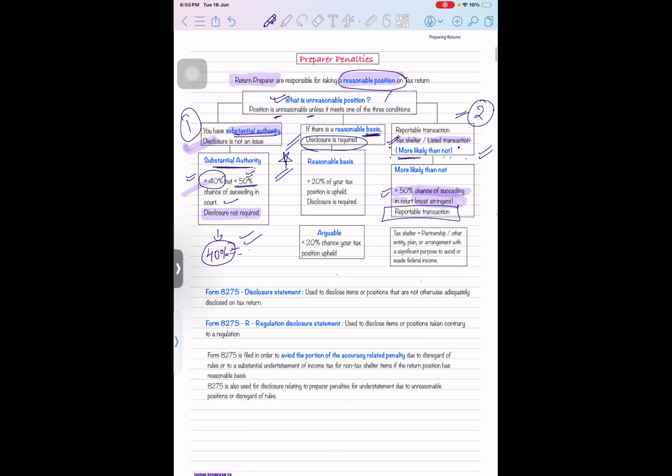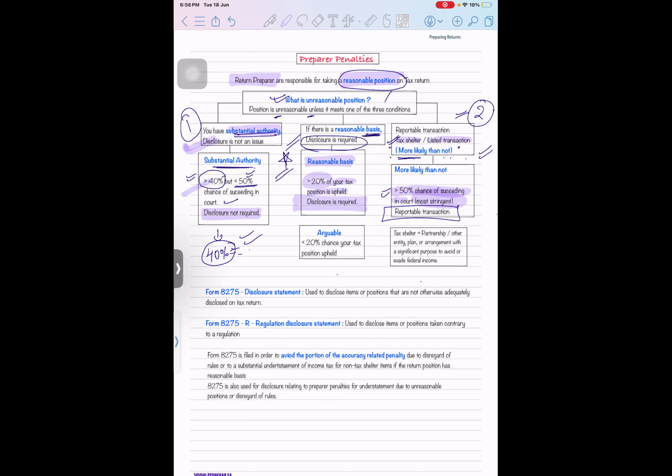So there is a reasonable basis, but you are not sure whether it needs to be included or excluded. So one is reasonable basis, where more than 20% of your tax position is upheld, so disclosure is required. More than 20, upheld means you might be incorrect for more than 20%.